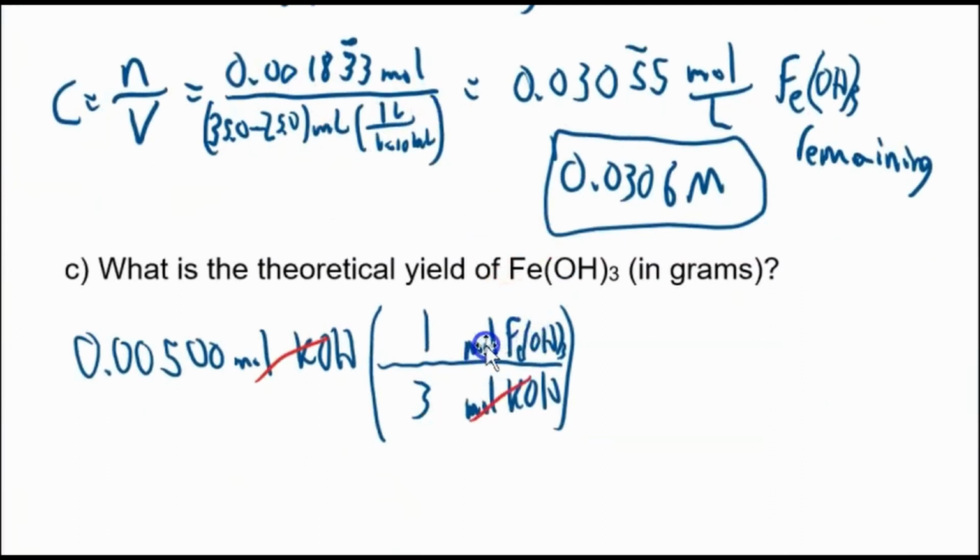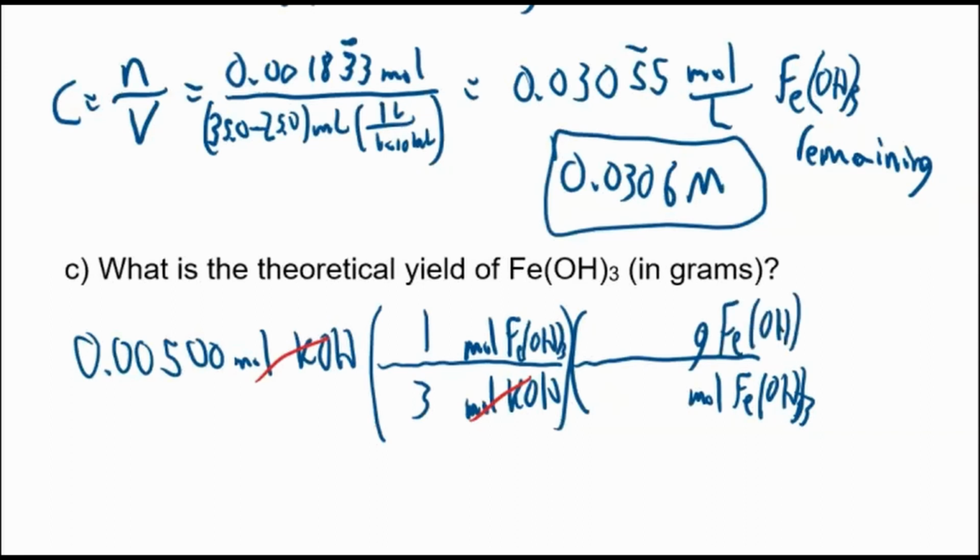Now we don't care about moles. We care about grams, right? So we've got to get to grams, and we've got to cancel out moles of Fe(OH)3. We want grams of Fe(OH)3.